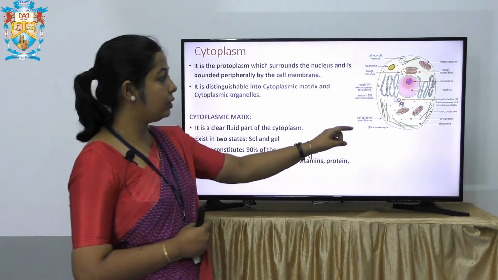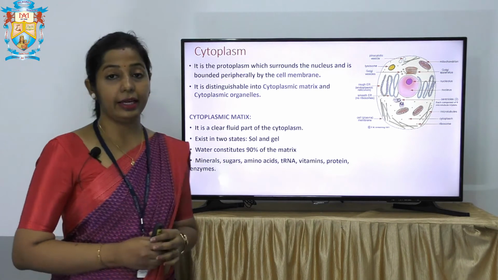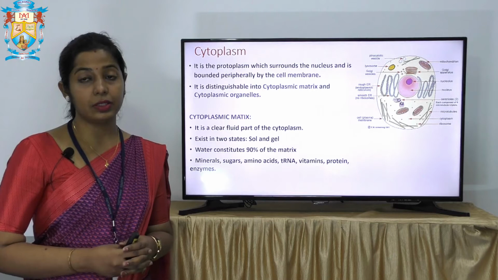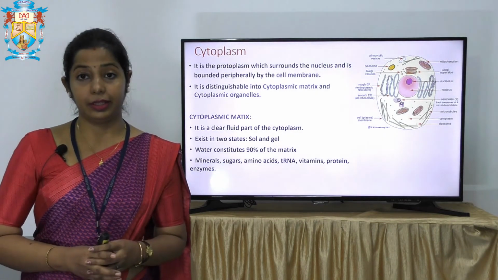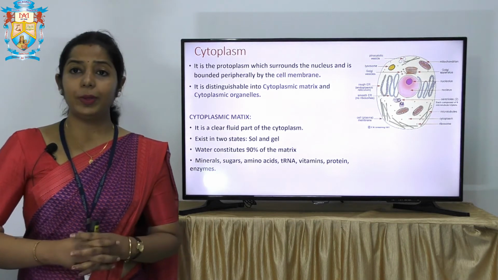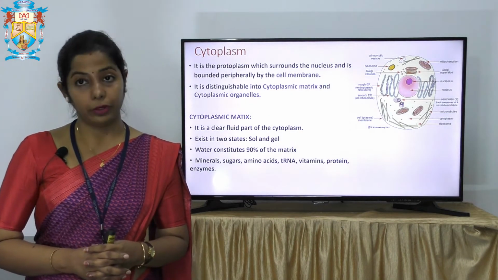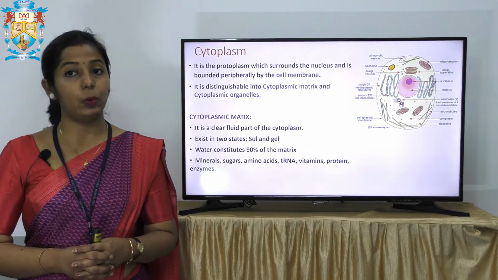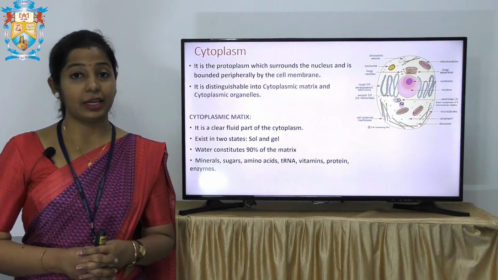The sol part exists at the periphery of the cell, near the plasma membrane. It is called ectoplast, and the gel part, present near the nucleus, is called endoplast. Cytoplasmic matrix constitutes 90% water and 10% minerals, sugar, amino acids, tRNA, vitamins, proteins, enzymes, etc.